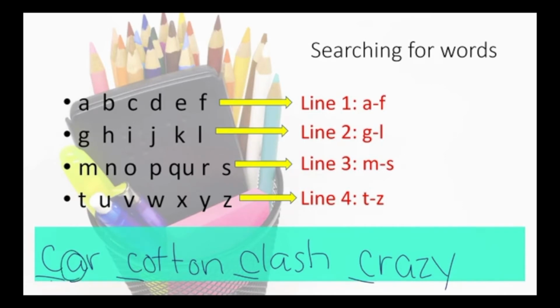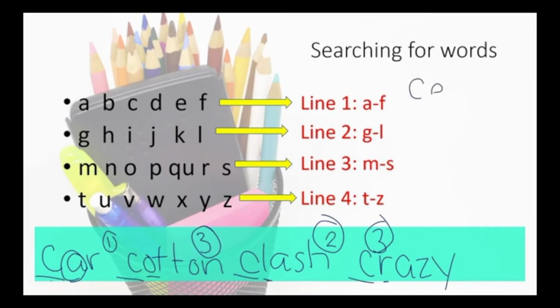In the word car, it's an A, which would be line 1. In cotton, it's an O. This would be line 3. In clash, we have an L. This would be line 2. And in crazy, we have an R. This would also be in line 3 like cotton, but notice the R comes after the O. So then we can start to put them in order.